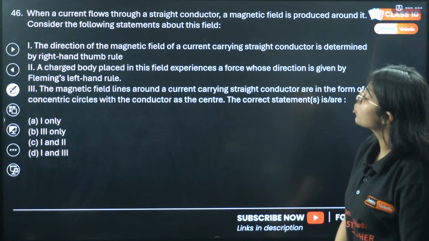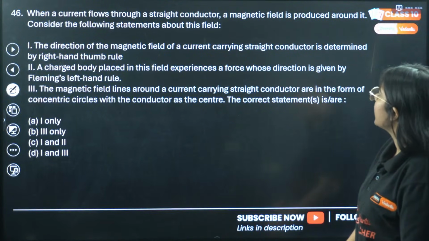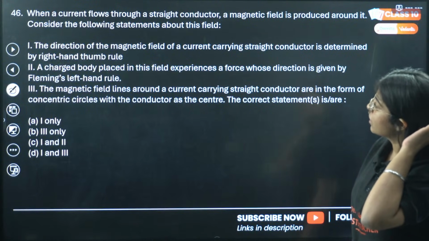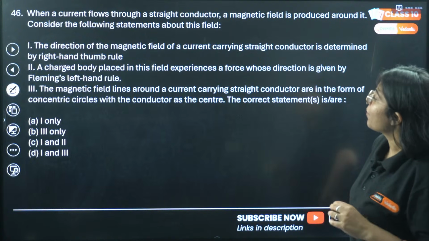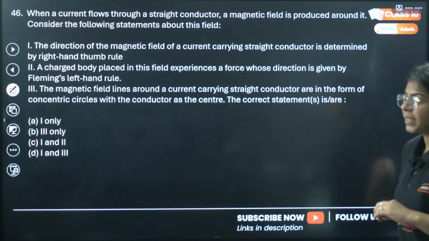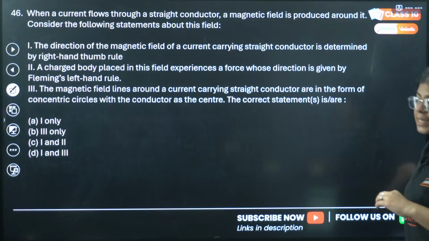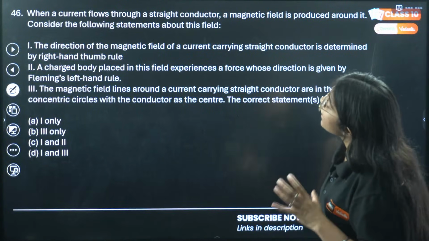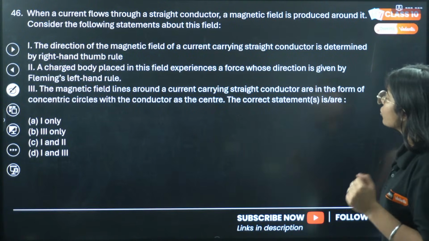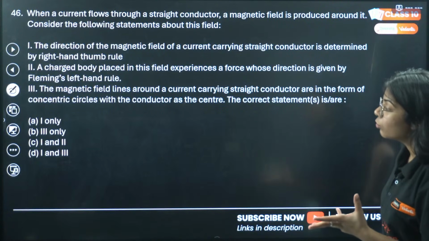When a current flows through a straight conductor, a magnetic field is produced around it. Consider the following statements about this field. First, the direction of the magnetic field of a current carrying straight conductor is determined by the right hand thumb rule. Second, a charged body placed in this field experiences a force whose direction is given by the left hand rule.